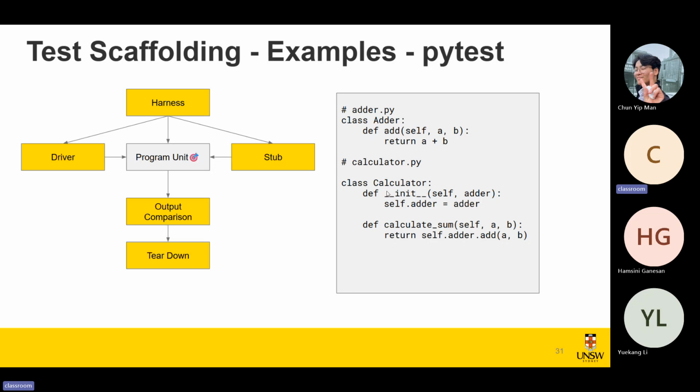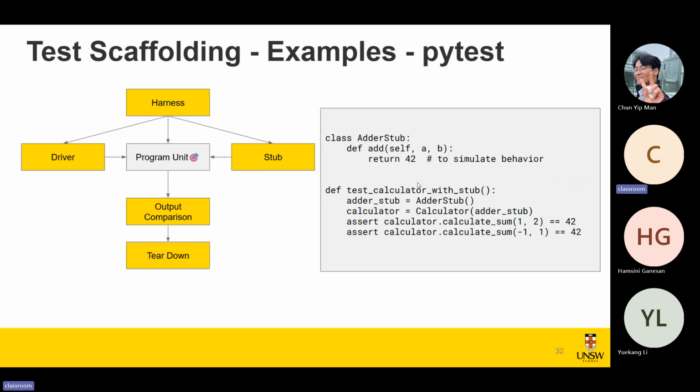This small calculator program has an adder class, which just has a simple function that can add two numbers up and return the sum of these two values. And this calculator can invoke this adder function to calculate the sum of two numbers. This code is definitely not a good implementation of this function, but let's just use it as an example here.